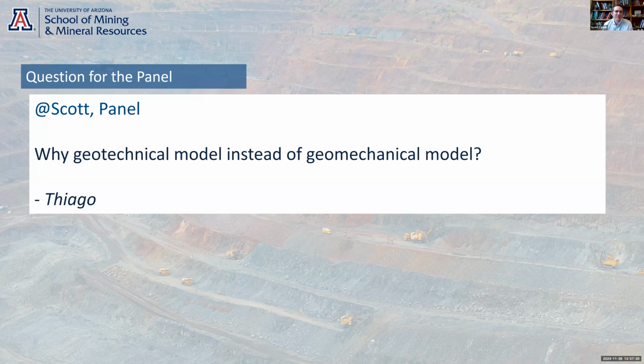Whereas geotechnical encompasses kind of the whole suite of parameters that we use in our world. So that would include empirical parameters, like GSI, or index parameters like unit weight. But I think if you use either term, everyone knows what you're talking about. So either would get a pass from me.